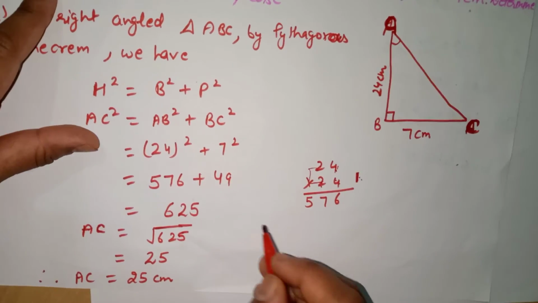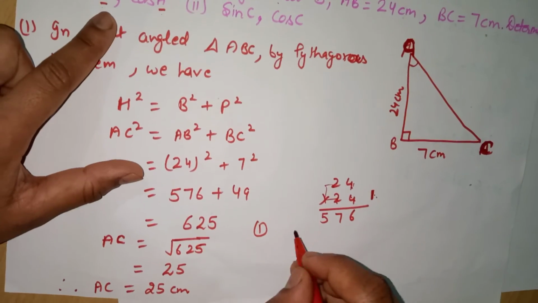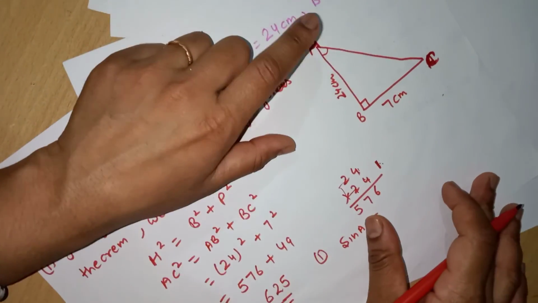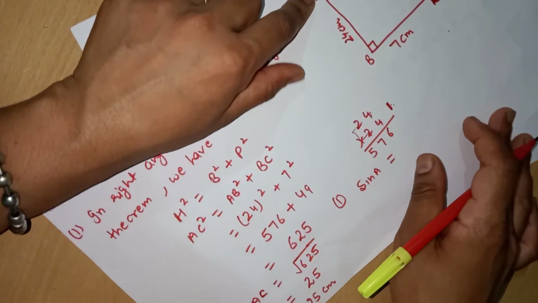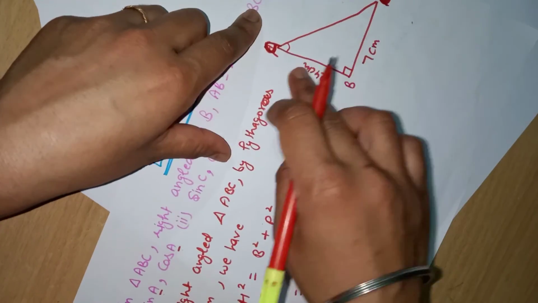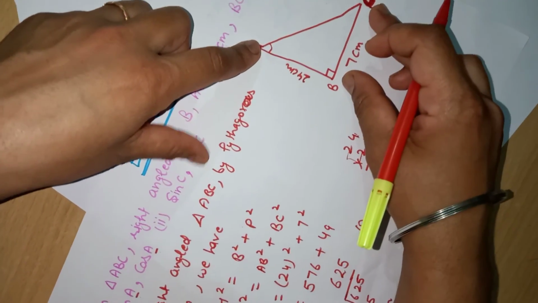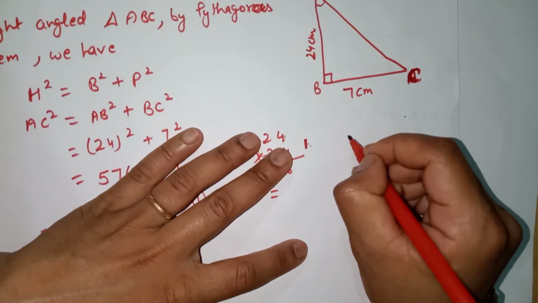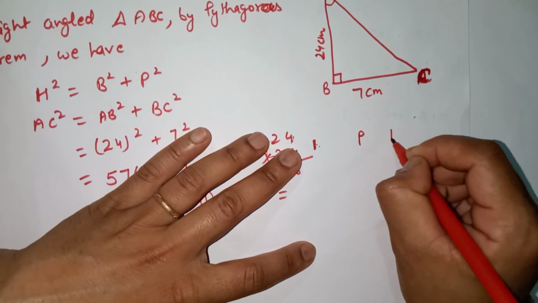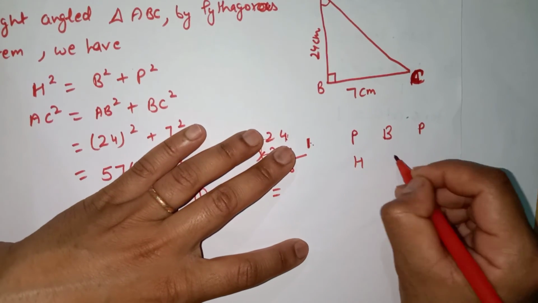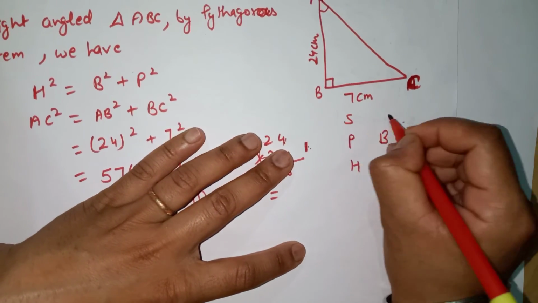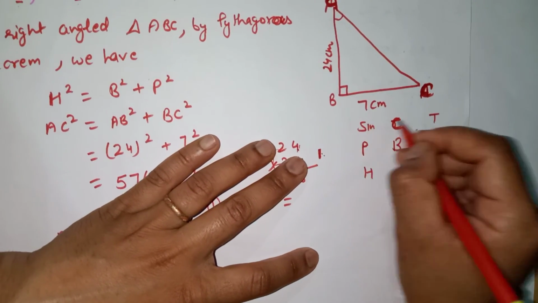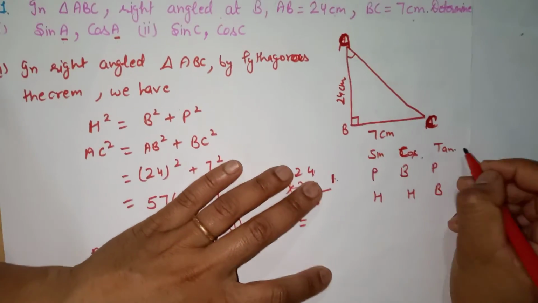Now we have to find the value of the first part, sin A. As I told you, we are considering the acute angle as A. So we will rotate the triangle in this way, and this is our perpendicular. And if you remember the basic formula that I told you, पंडित बद्री प्रसाद हर हर बोले सोना चांदी तोले, then this is the value of sine and this is the cos and this is the tan.